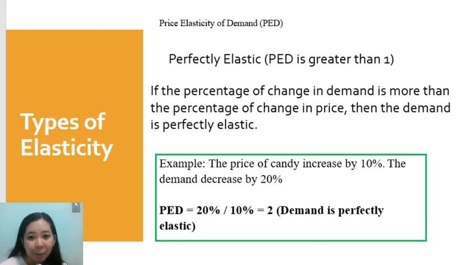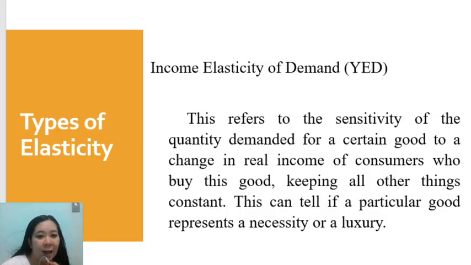Meaning the price is indeed the main consideration of the consumers in deciding if they will buy that product or not. That's why again this is considered to be perfectly elastic.